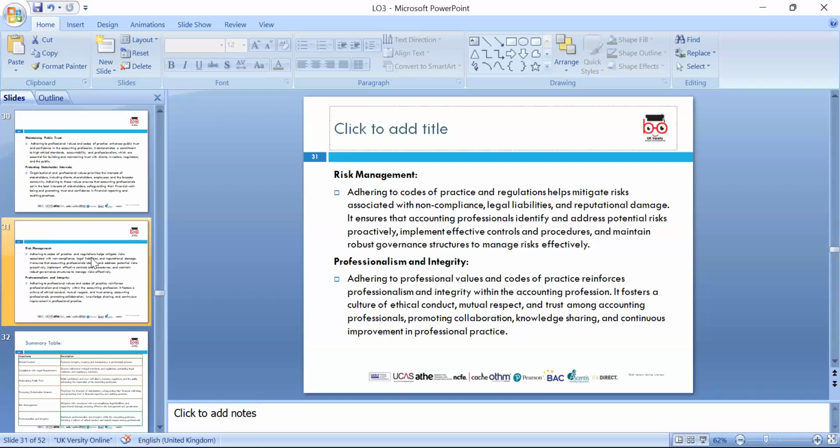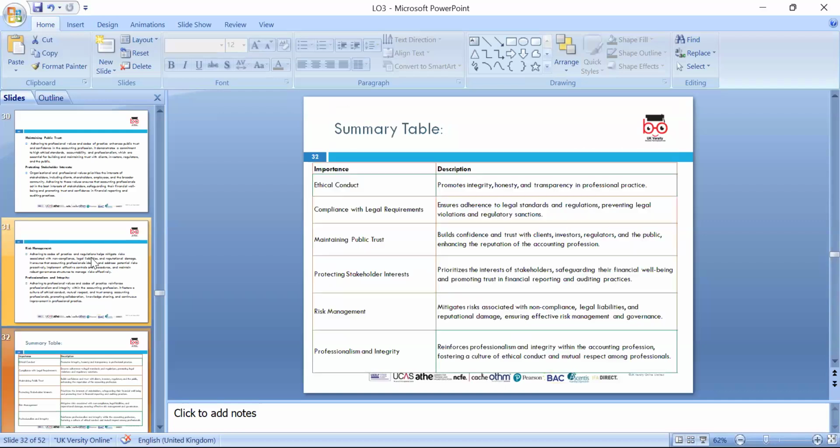Professionalism and integrity: in the professional values, people trust the accounting profession, and it promotes collaboration and knowledge sharing, like blockchain and AI, technologies that can be used. So we can look at ethical conduct and ethical standards. Hopefully you can see how we promote integrity, compliance, and legal requirements.